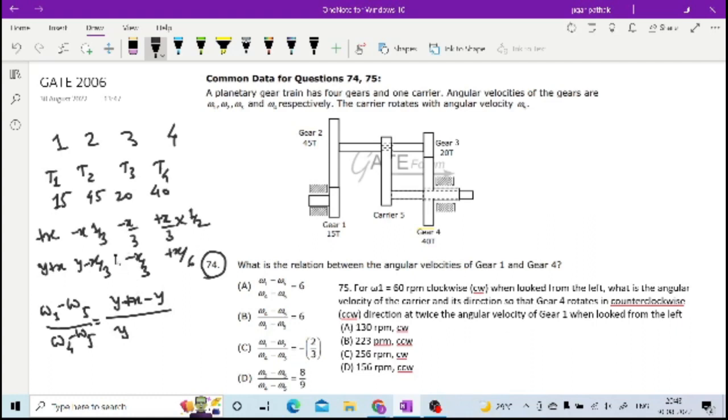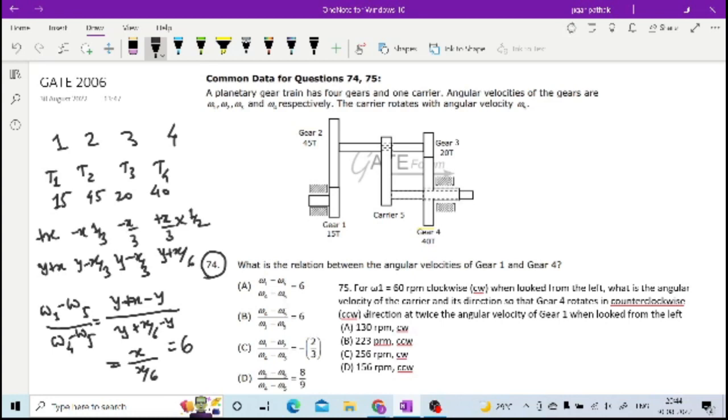Here also I forgot to put y, here and here, sorry. So y plus x by 6 minus y. So when you simplify this, you will have x divided by x by 6, which is nothing but 6. So this is how you will have your answer.